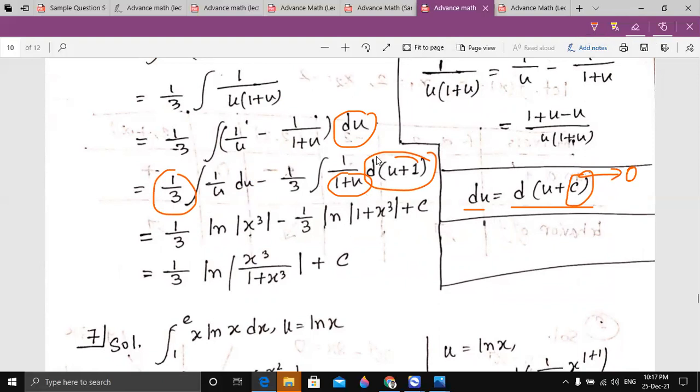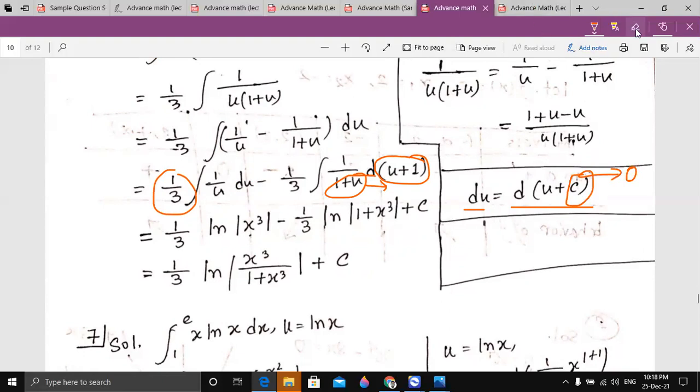And now I get some formula here. Integration of 1 by u, right? If I just let this part be equal to u, you see here that this part and this part are similar, right? As they are similar, we can directly apply our rule.